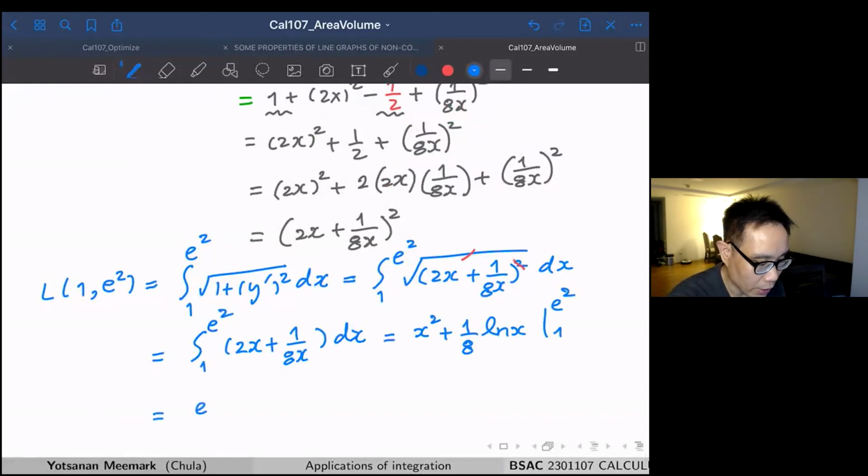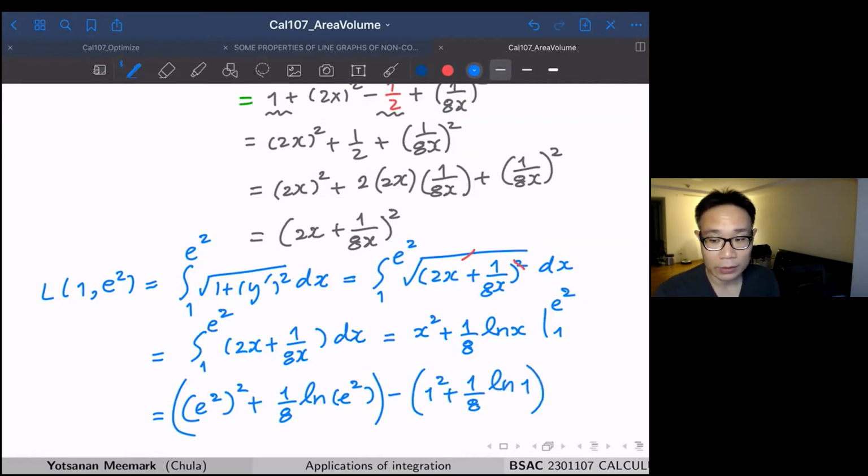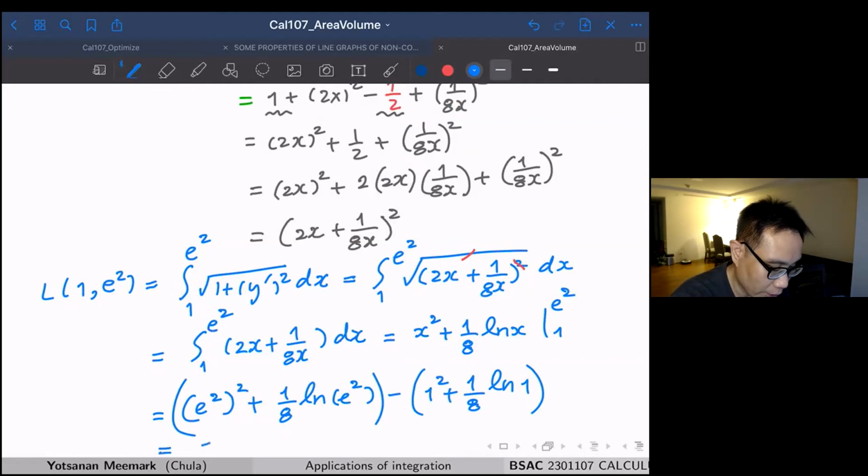So you get e squared squared plus 1/8 log of e squared, this is one term, minus 1 squared plus 1/8 log of 1, the second term. So you basically obtain e to the fourth, and you have 1/8 minus 1, because log 1 equals 0.